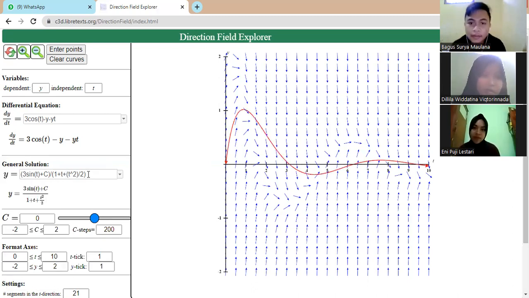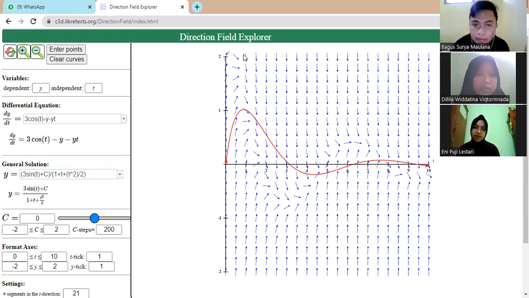Okay, you can see that the direction field and the graph are matched. The direction field actually determines the gradients of the graph. So we can see that in the graph, where it is horizontal, the gradient is always 0 because the differentiation or the gradient is 0.